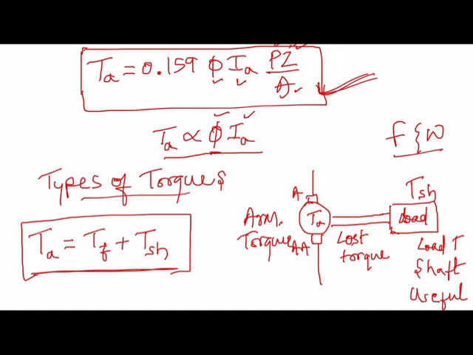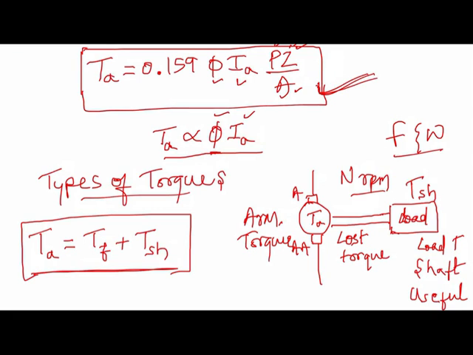Now let us assume the speed of the motor remains the same all along the shaft, from the armature to the load, and it is rotating at N RPM only.